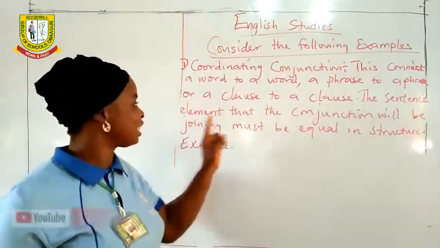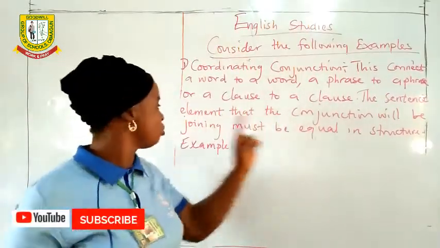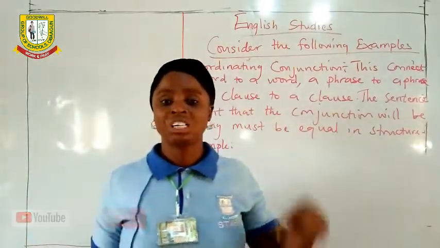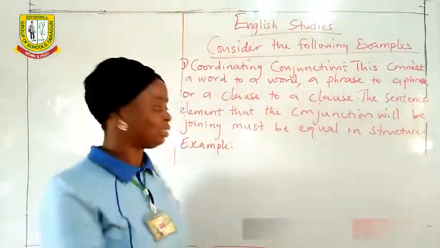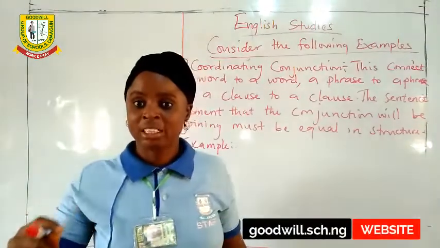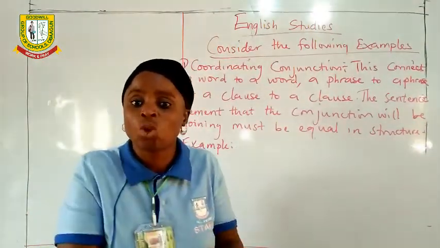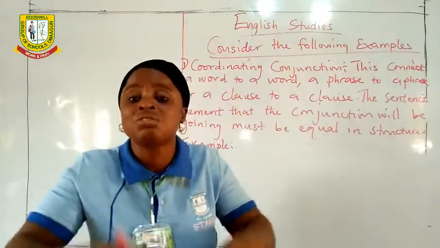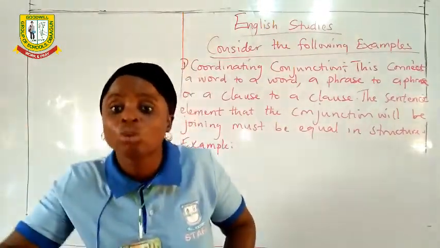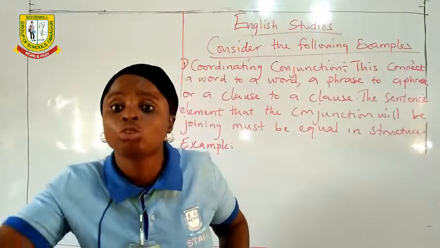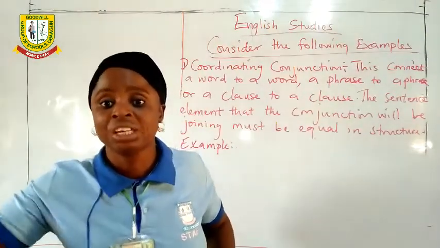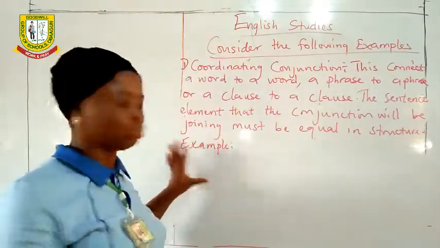And I said the sentence elements that the conjunction will be joining must be equal in structure, meaning that if the first word is, let's say for instance, a noun, the second word should also be a noun. Let's look at the examples here.